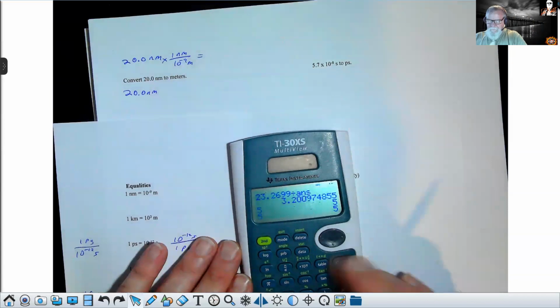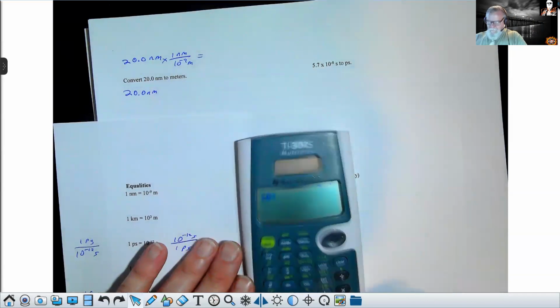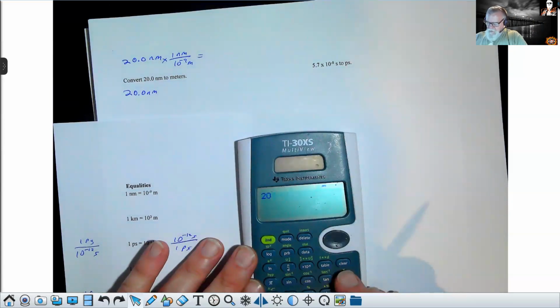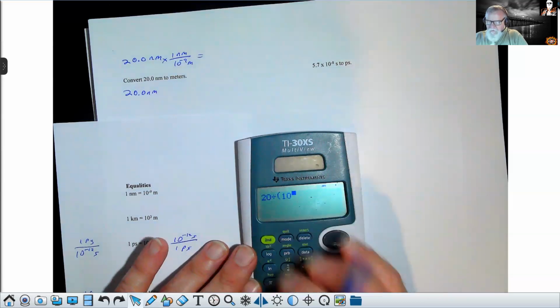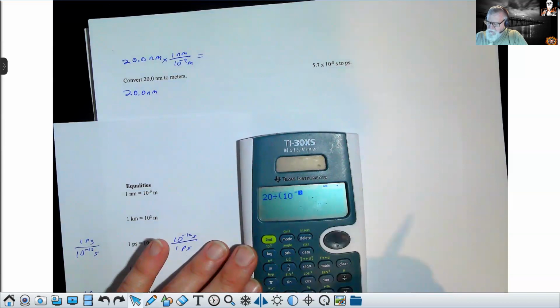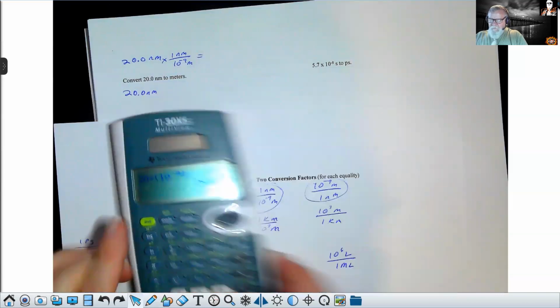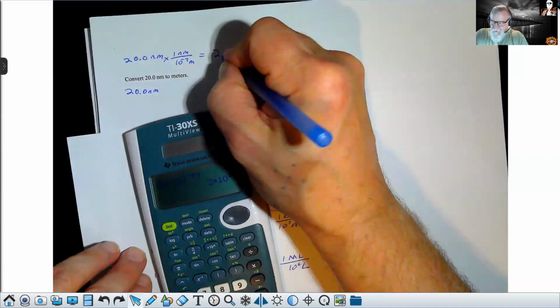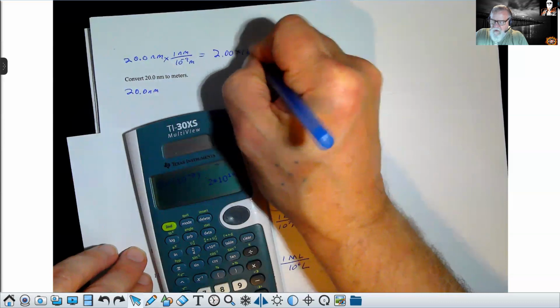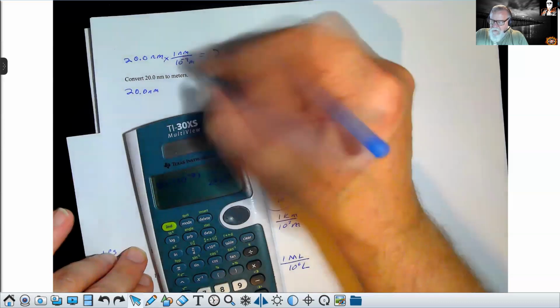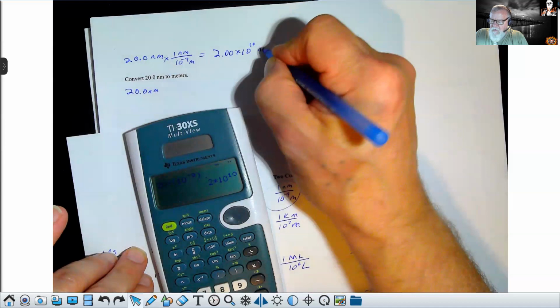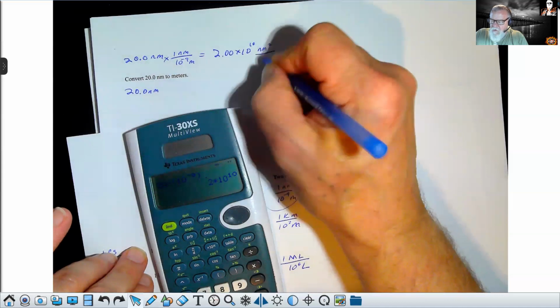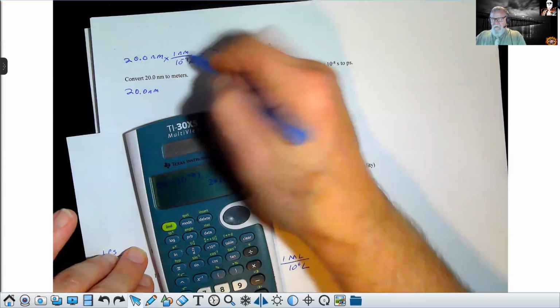So 20, then divide that by, in parentheses, 10 to the negative 9. So we get 2.00 times 10 to the 10, and that would be in nanometers squared over meters, because nothing cancels out, right?